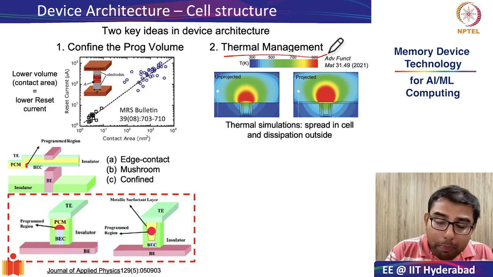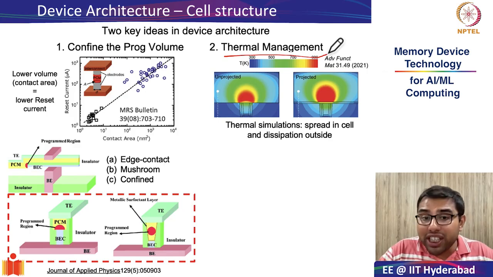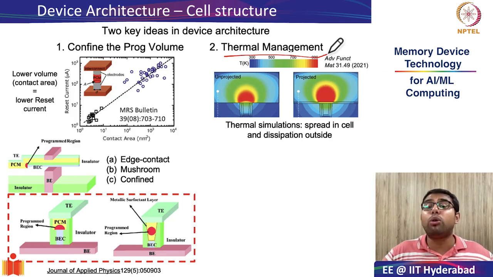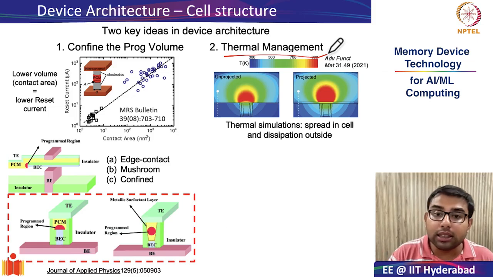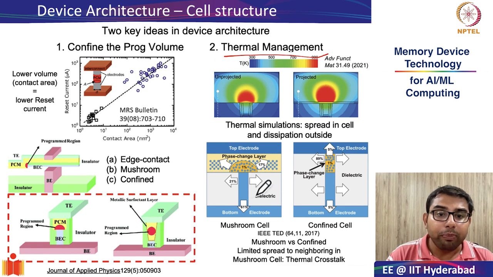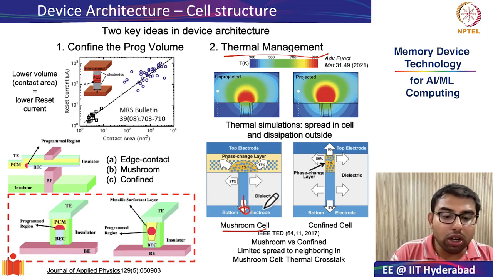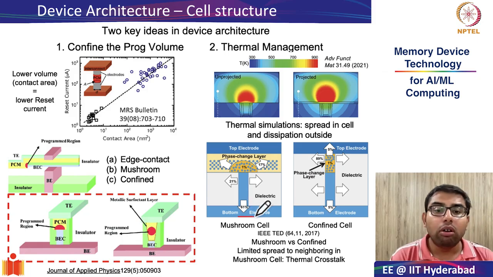They tell you, when you apply the set pulse or reset pulse, what the distribution of temperature in the cell is, and also how this heat dissipates, because heat will also dissipate out of this cell into neighboring cells. As shown in this diagram, in the mushroom cell, almost 60% of the heat is getting dissipated into the bottom electrode.